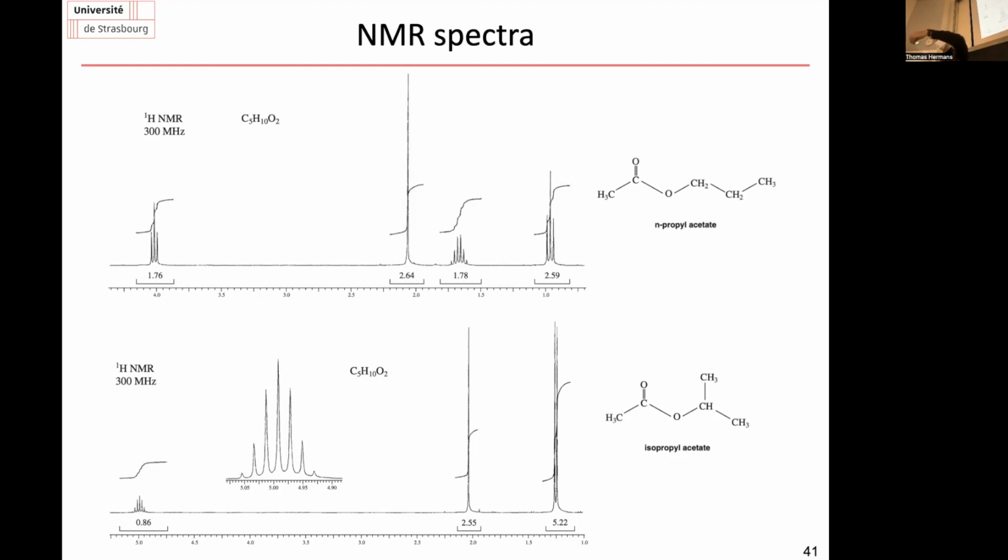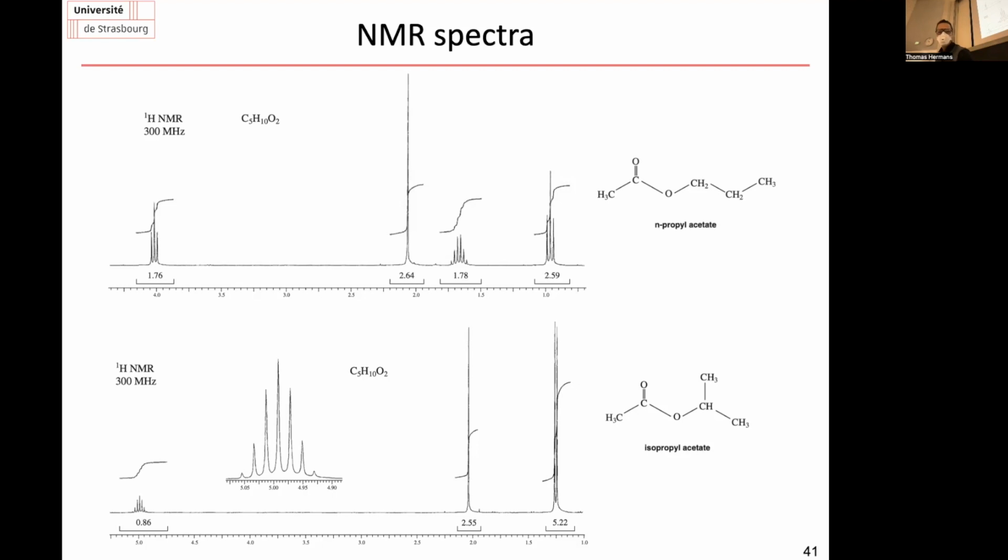If there are many, it will be far to the downfield. The first thing you consider is what electronegative groups, how many, and how far they are from the carbon where your proton is located.